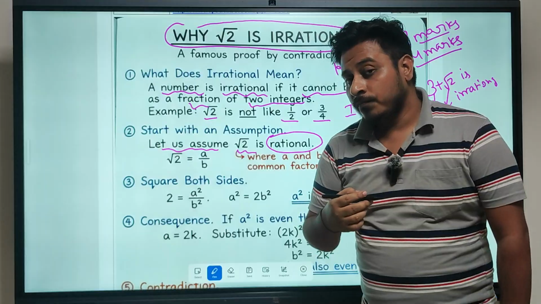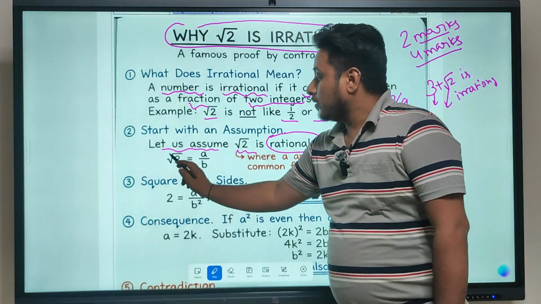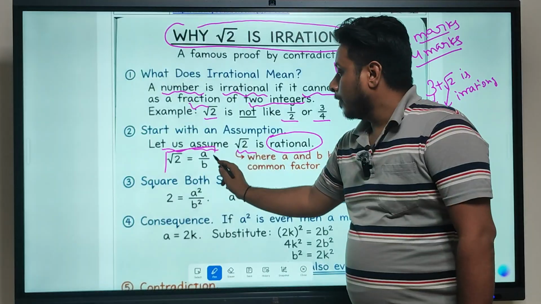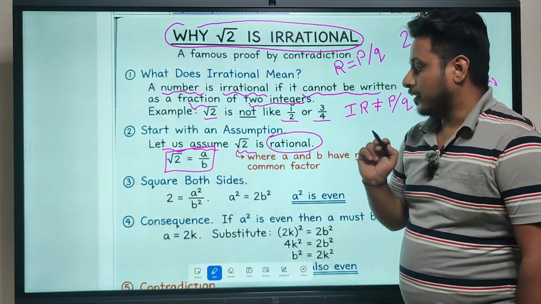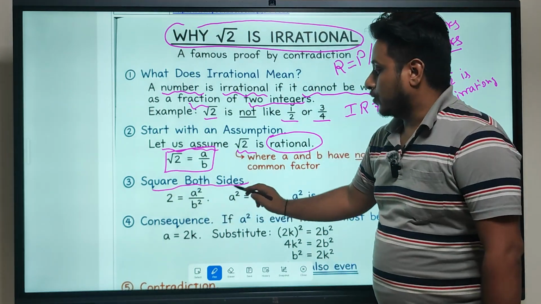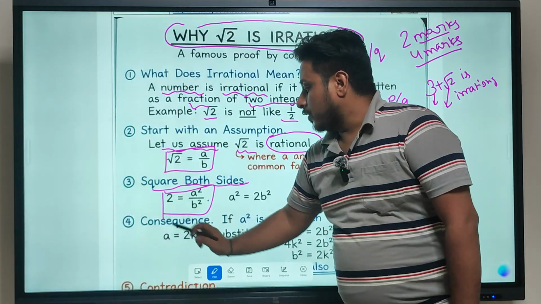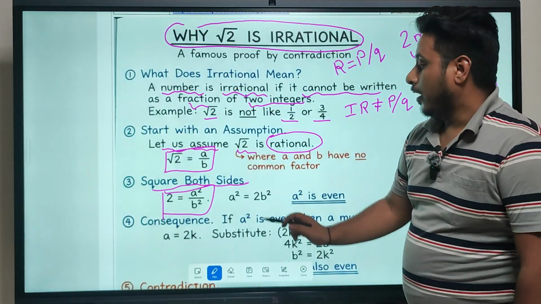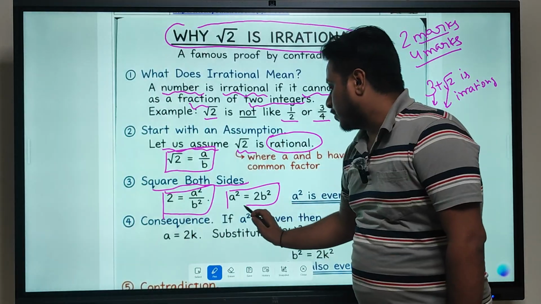If we assume that root 2 is a rational number, it means we are able to write root 2 equals a by b. Am I correct? Yes. Now we square both sides. Then we find 2 equals a square by b square, and we are able to write a square equals 2b square.